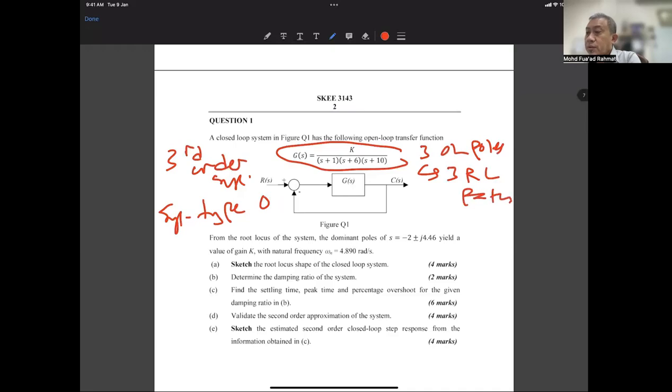No zeros. The root locus is not given, but the dominant pole is given here, and omega n is given, right? So how are we going to do it?